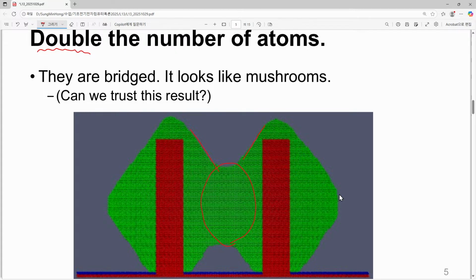Still we have 110 surfaces, and in many cases we can also see 111 surfaces, and the lower angle surfaces are almost eliminated. So it looks like just a merged fin.